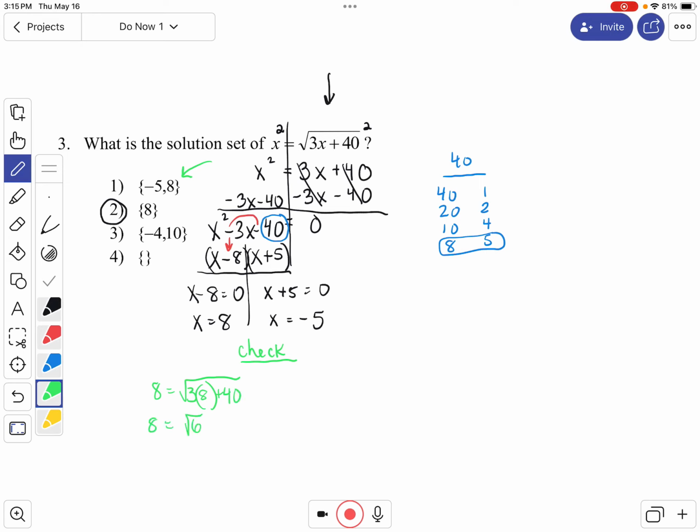This is equal to the square root of 64, which is correct. But if I check -5 and I check the original equation, I would get the square root of 25, and the square root of 25 is +5. So that does not work, leaving me only 8 as a solution.